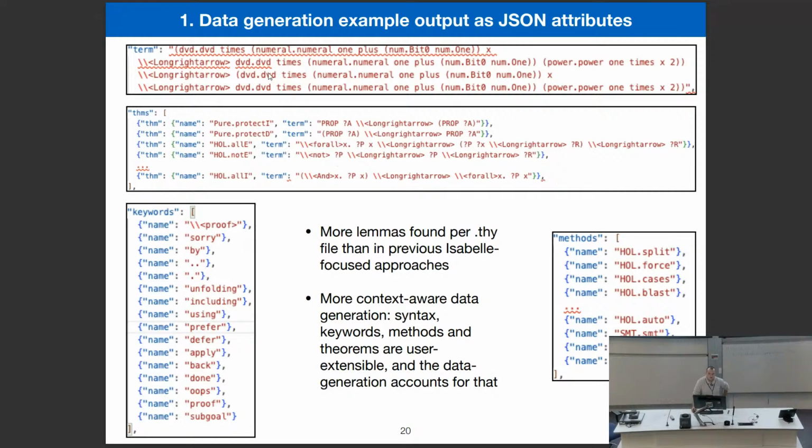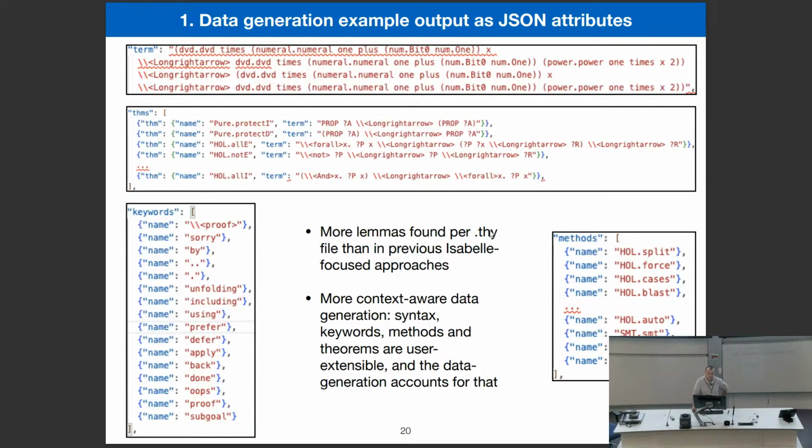Also, a term representation of your proof obligation, some keywords that are available for the Isabelle user, because the Isabelle language is context dependent. So these kind of type commands are often changing for different projects, and also the proof methods that the user needed at that point.